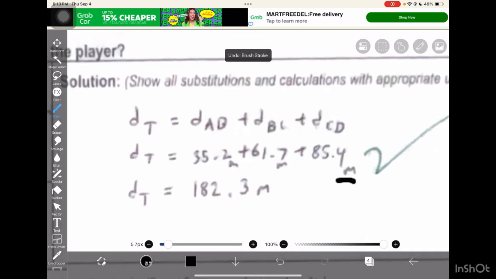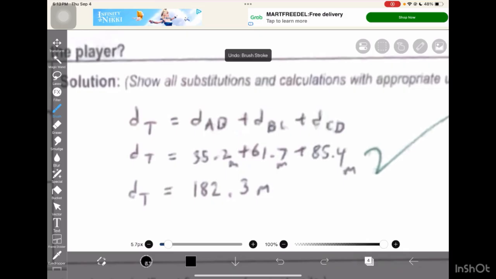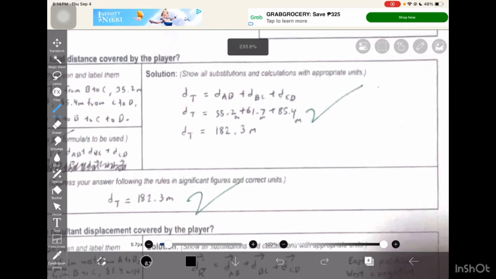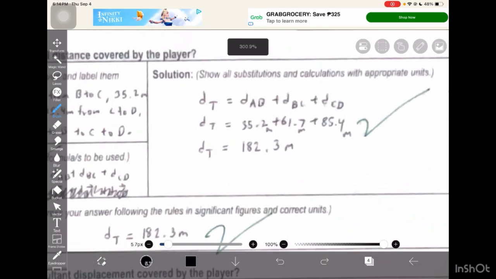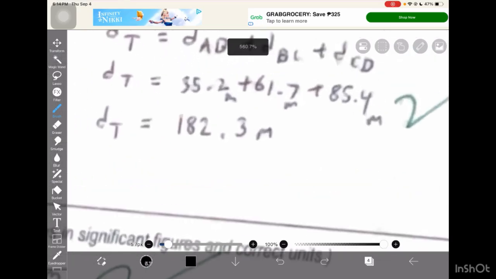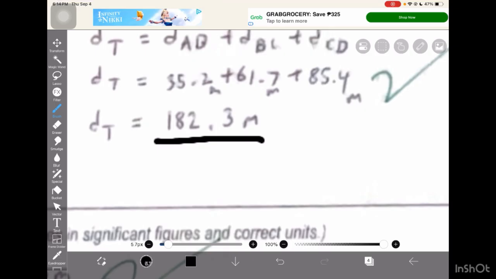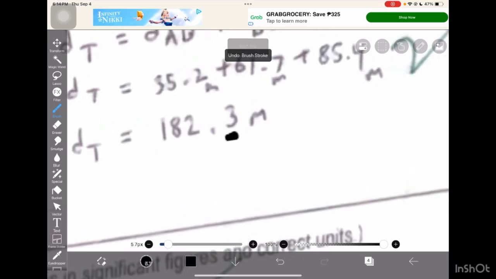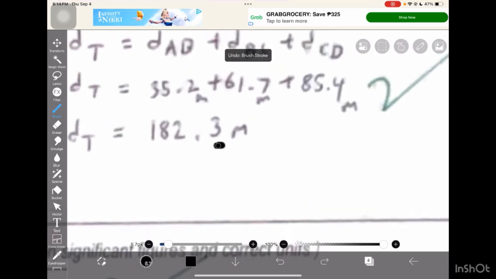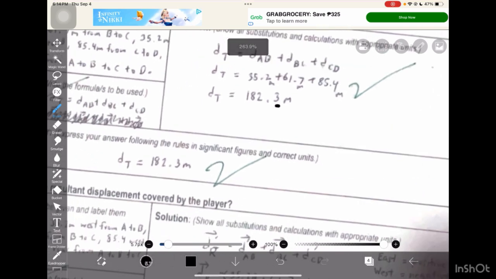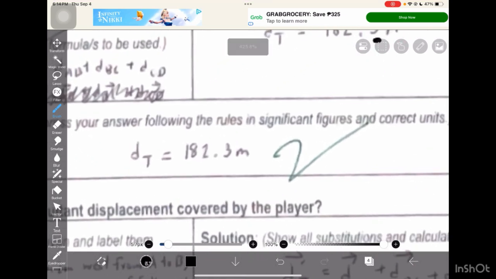So if we put that in our calculator, 35.2 plus 61.7 plus 85.4 is equal to 182.3 meters. And remember, since we're adding, we follow the decimal point rule, but since they all have one decimal point, we just keep it as is. So the correct answer for distance is d sub t equals 182.3 meters.